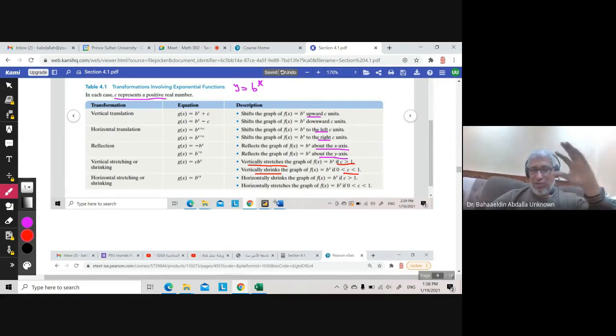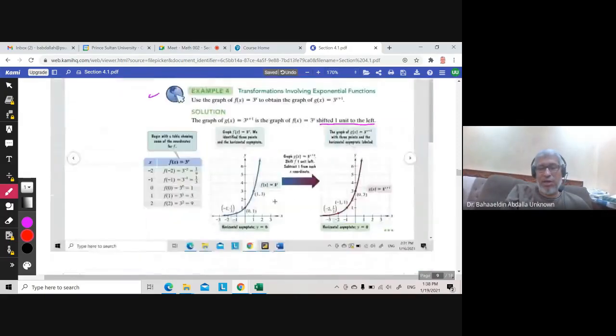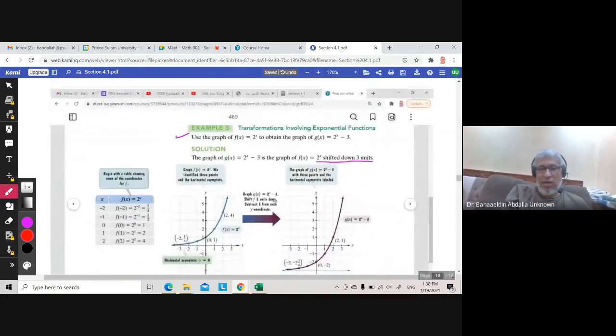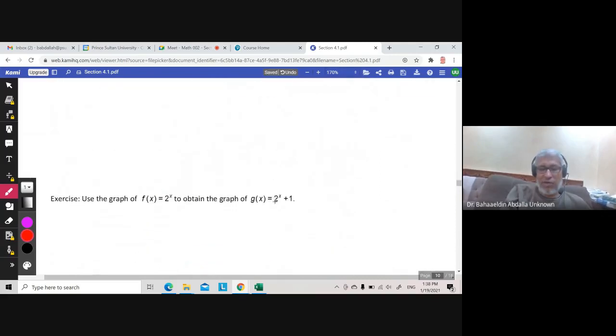Horizontal is the opposite. If c is greater than 1, it would be horizontal shrinking. If c is less than 1, it would be horizontal stretching. Horizontal shrinking like this, horizontal stretching like this, vertical stretching like this, or vertical shrinking like this. These are all the types of transformations.